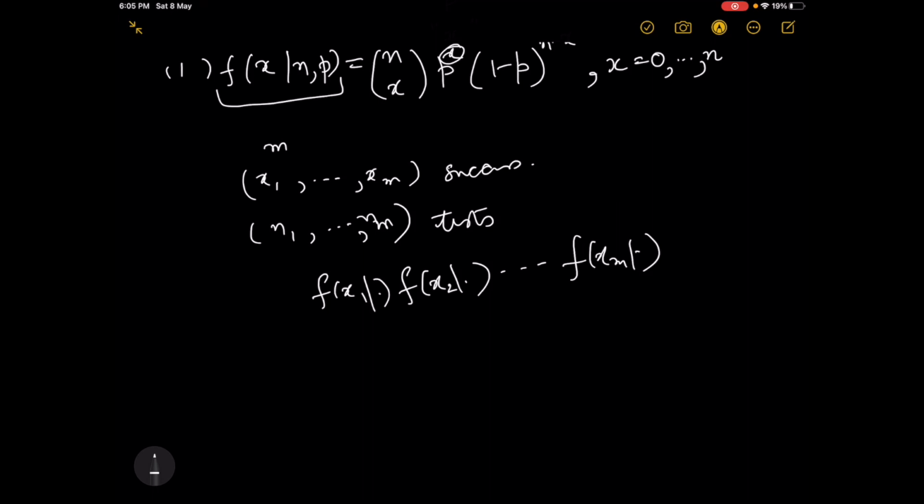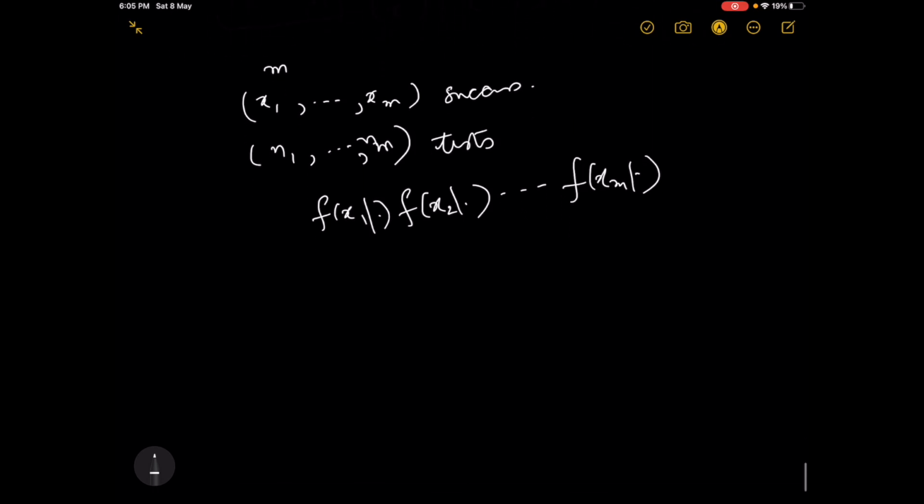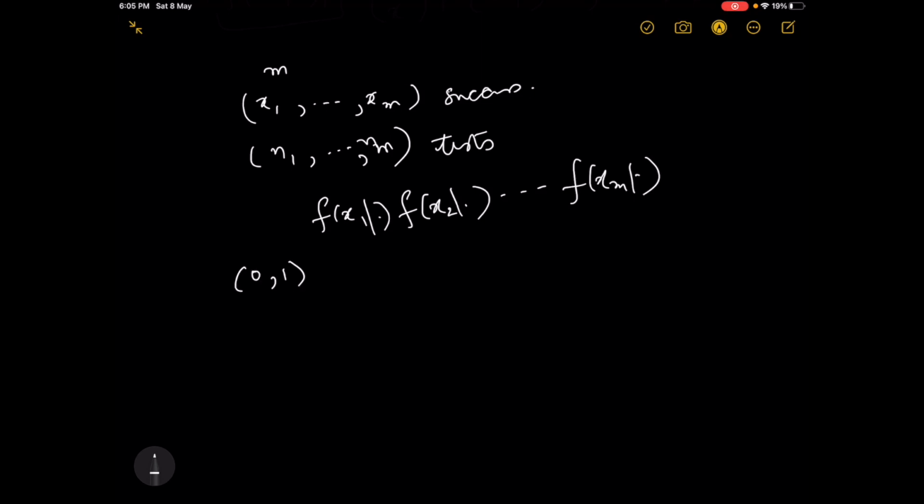A conjugate prior is one which has the same form as the posterior distribution, and the beta distribution will be a natural choice for a proportion as a prior candidate because the support of the beta distribution is on the interval 0, 1. So a conjugate beta prior will be considered for the binomial failure data.